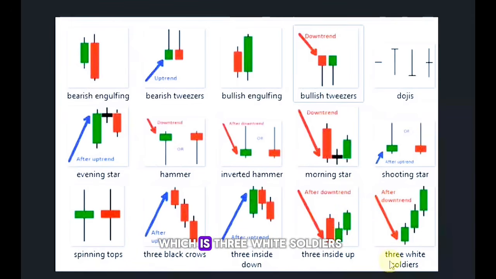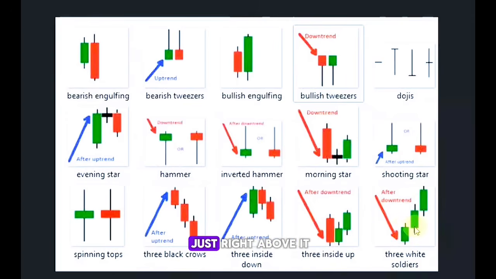And the last one, which is three white soldiers, if you look at this particular pattern, it is exactly the opposite of these three black crows. Okay? It's trying to tell you the same thing, that the market is about to reverse. Look at the bodies, the opening and closing of these candles. This one opened here, closed at this particular point.